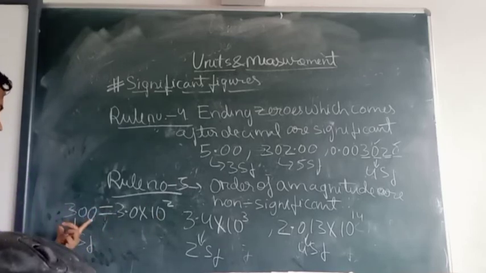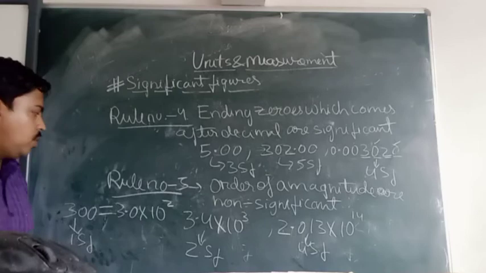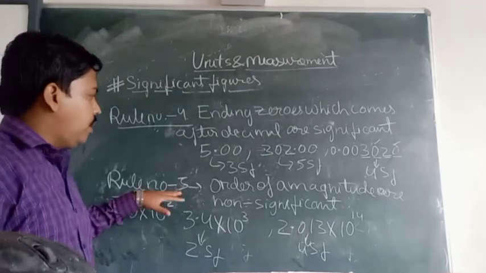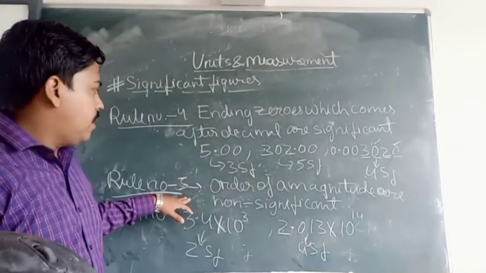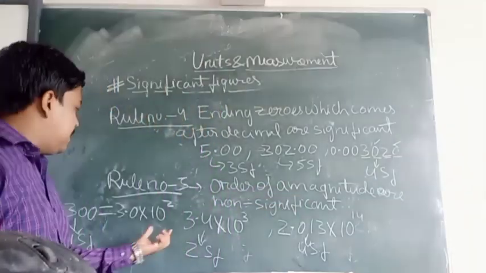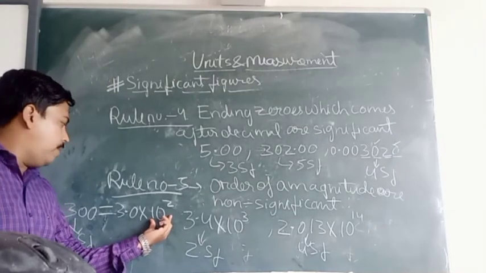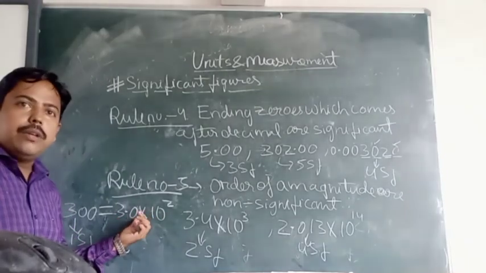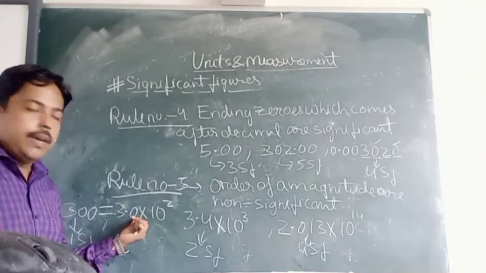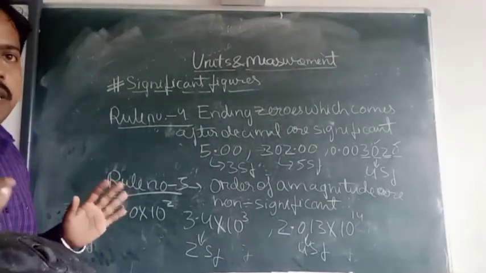Can we express this in terms of significant figures? According to rule number 5, the order of magnitude is non-significant. That means 10 to the power 2 will be totally non-significant. So what will be counted? Only 3 and 0 will be taken into consideration.